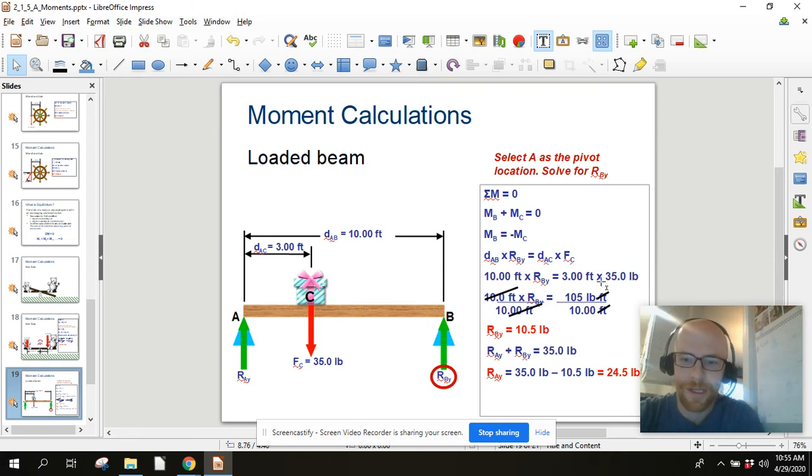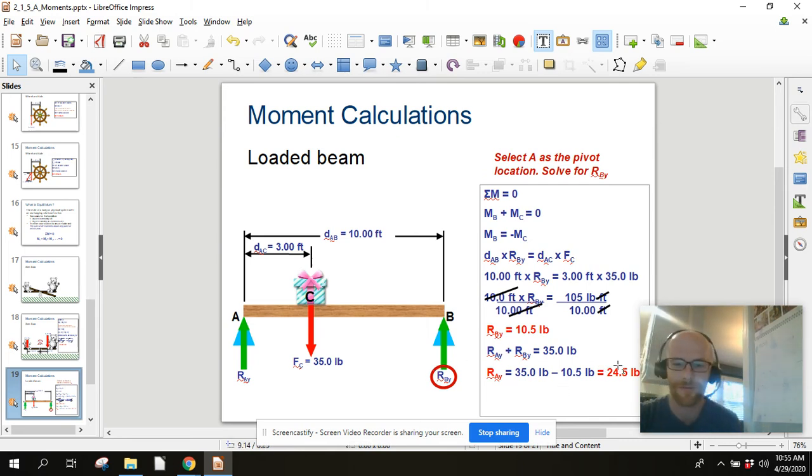So looking at it, we have 105 divided by 10, because that's the total distance, has to equal 10 times the reactionary force at B. So we're left with the reaction at B being 10.5.